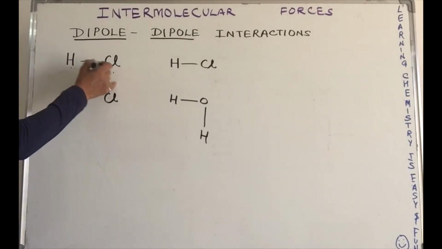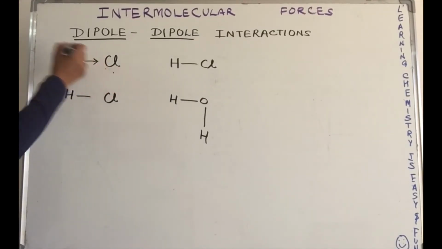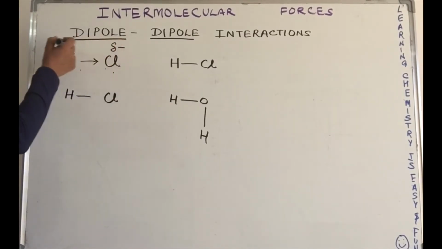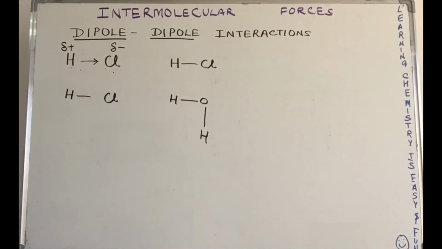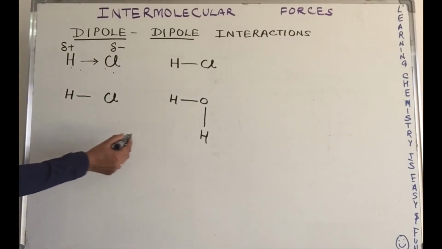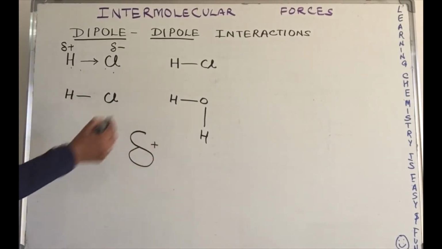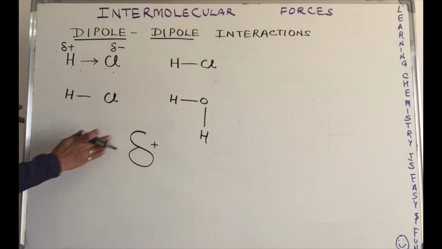Chlorine, being more electronegative, pulls the shared pair of electrons towards itself, becomes partially negative, whereas hydrogen acquires a partial positive charge. Now this partial sign, we are putting it as this, positive or negative, right?